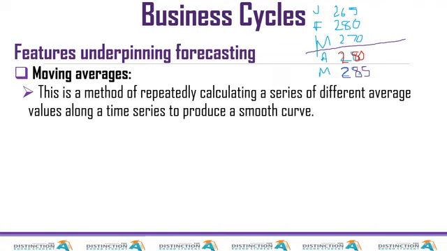So what we do with moving average, we take these 3 months and put them together. Let me take a calculator quickly and add them up. Then I divide by 3 months. It gives me 271.